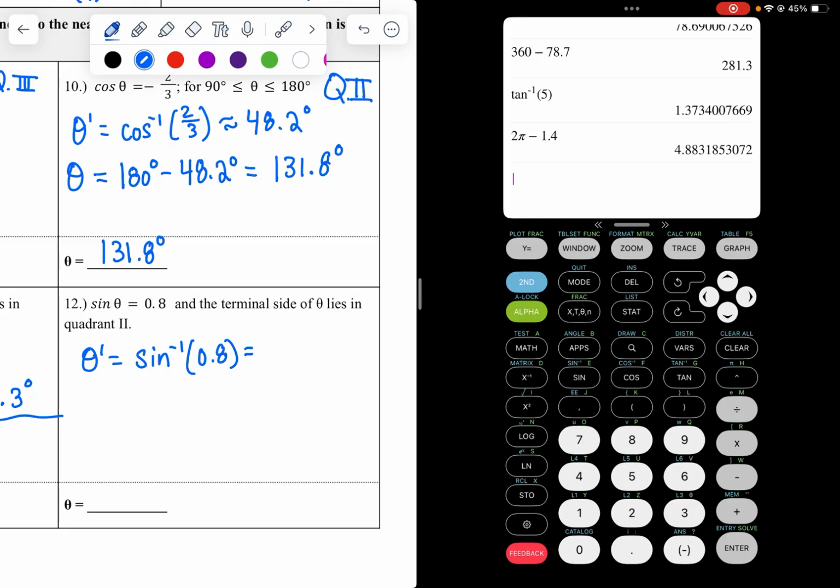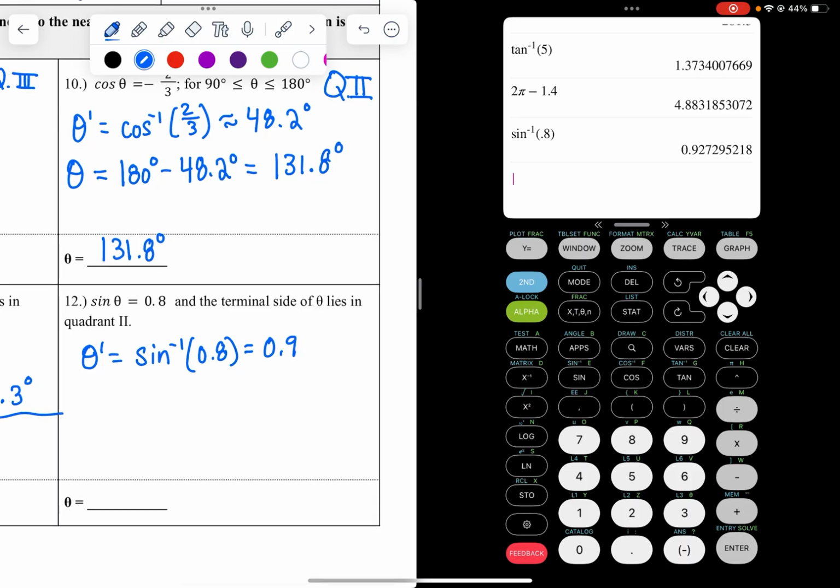So if I do this in terms of radians, since I'm already in radians, I'm going to get approximately 0.9 radians. And so in quadrant 2, we do pi minus the reference angle. So again, second caret is how we get the pi symbol, minus the 0.9 radians. Will give us 2.2 in terms of radians.